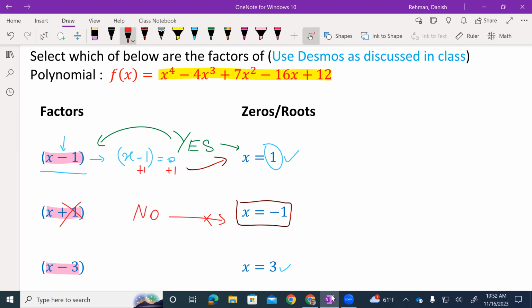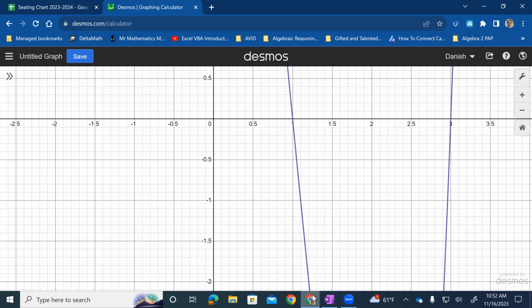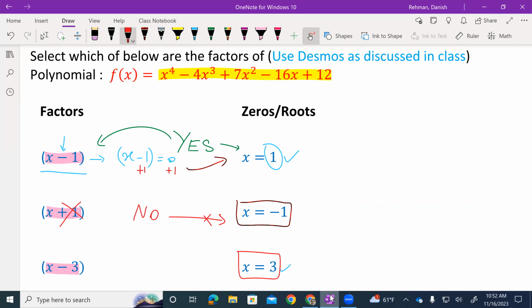But here, x minus 3, let's get back over here and check if x equals 3. We have already checked it. 3 is intersecting here. The curve is intersecting the x-axis, or we have an x-intercept at 3. That means x minus 3 is validly a factor. So I will mention here a yes.